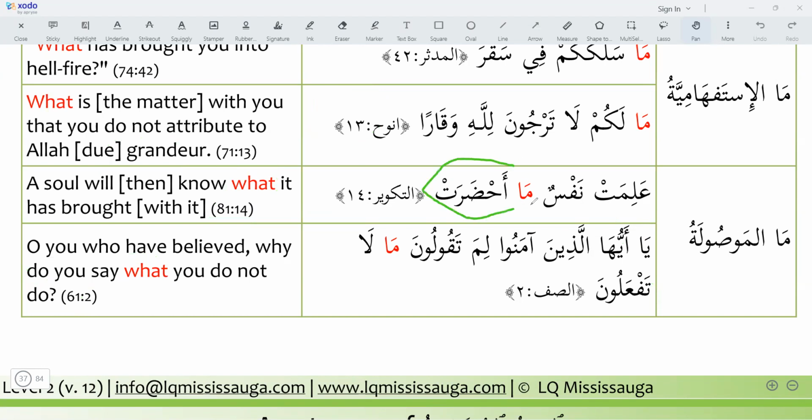Ma ahdarat, ma al-masula, ma la taf'aluna is ma al-masula. In the lesson, we will learn with more detail. You have this book, you can see it in detail in the book.